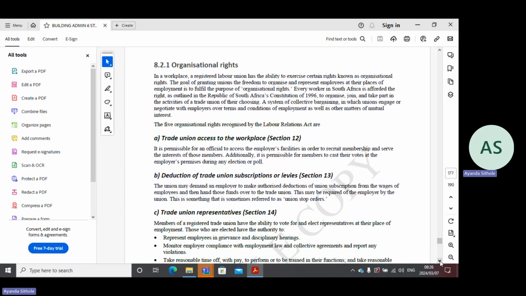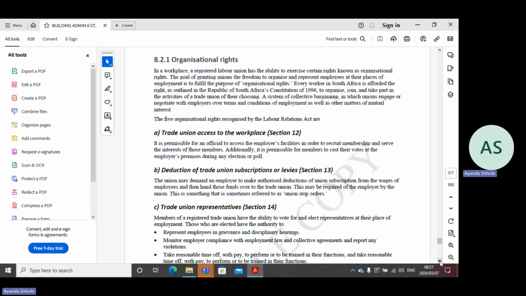Okay, so now let us move to 8.2.1, organizational rights. In a workplace, a registered labor union has the ability to exercise certain rights known as organizational rights. The goal of granting unions the freedom to organize and represent employees at their places of employment is to fulfill the purpose of organizational rights.